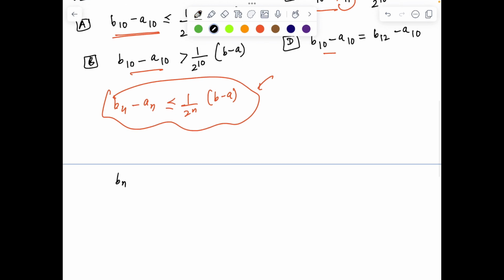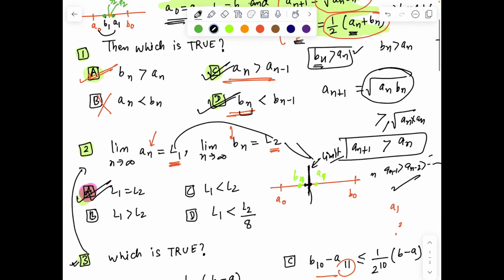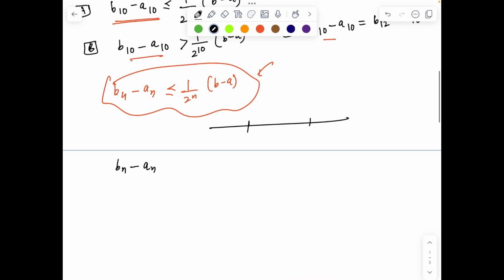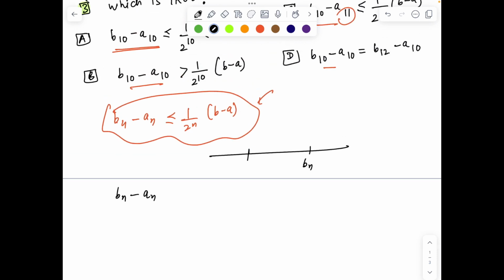So if I consider Bn minus An, where Bn is your arithmetic mean and An is the geometric mean, we'll have the next pair, which is B(n+1) and A(n+1), as these two numbers lie somewhere in between, right?